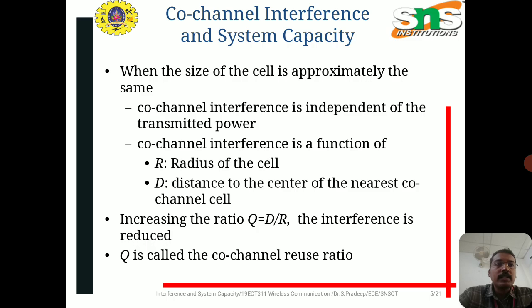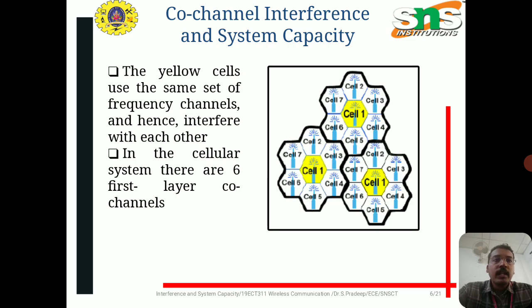Co-channel interference is a function of the radius r of the cell and the distance d to the center of the nearest co-channel cell. By increasing the ratio d by r, the interference is reduced, where d by r equals Q, and Q is called the co-channel reuse ratio. The yellow cells use the same set of frequency channels and hence interfere with each other.